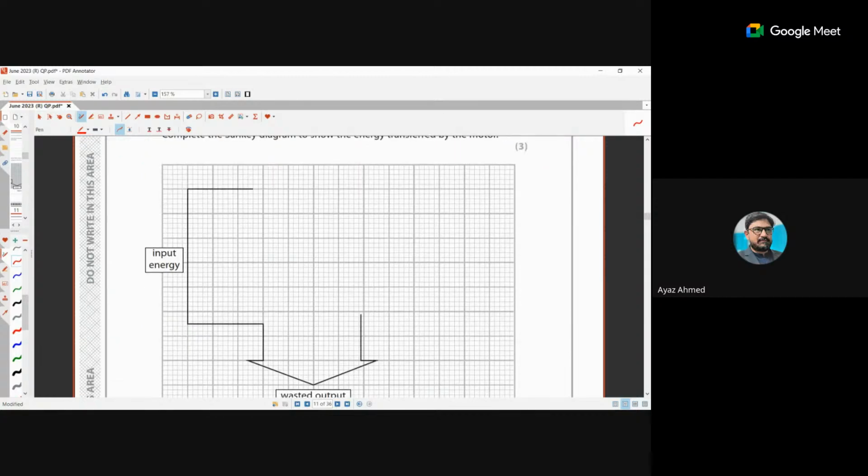So input energy, output energy, and then there is a waste of energy, a loss of dissipated energy as well. If the dissipated energy is more, I can make this much larger arrow for that one.